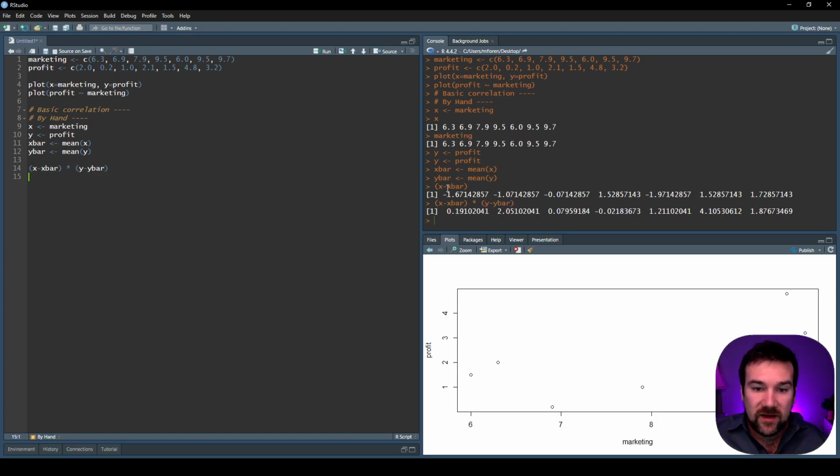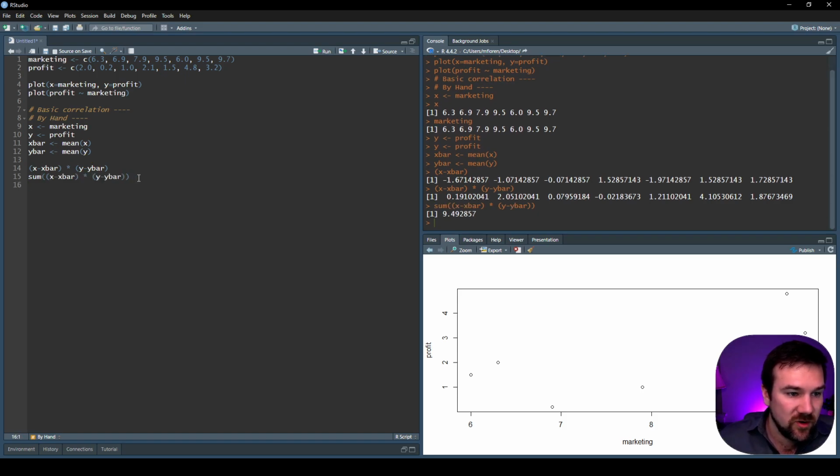Again, X minus X bar is a bunch of numbers, Y minus Y bar is also a bunch of numbers, and this is both of those numbers multiplied by each other. For this particular value, I wanted the sum of X minus X bar times Y minus Y bar. And this is the numerator of my correlation. Now I could save this as a variable, but I'm just going to end up copying and pasting this when I put these things together.